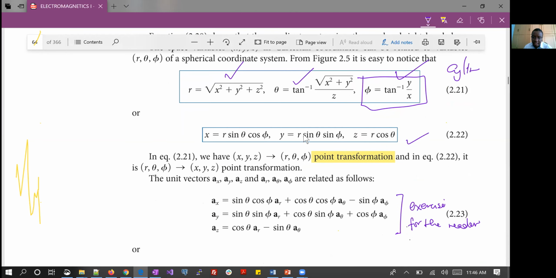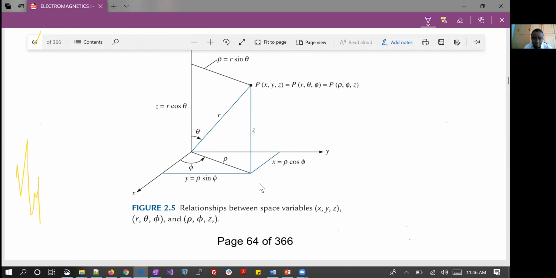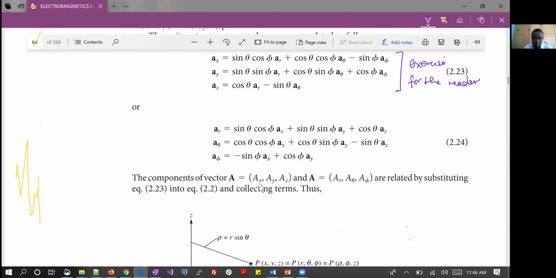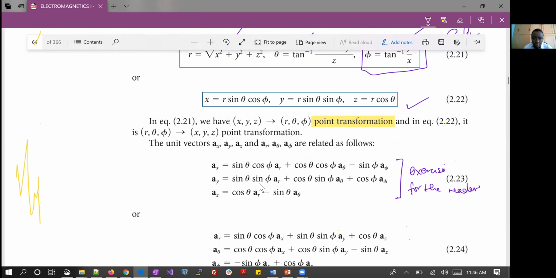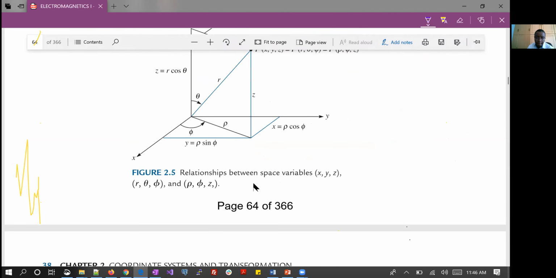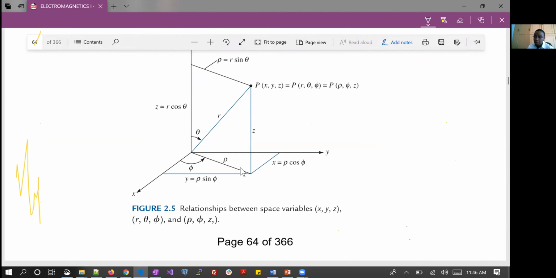So I'm saying that there is something that can be done. Let's look at figure 2.5. This is my figure 2.5.